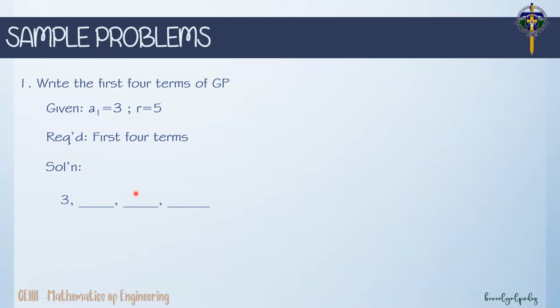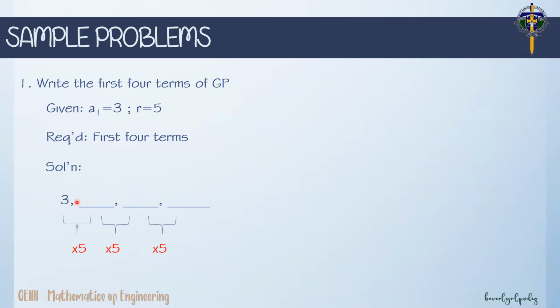For our solution, we have here our first term, which is 3. We are to identify the second, the third, and the fourth term. Since the ratio is given, which is 5, it would be easy for us to identify the successive terms. Each successive term is simply the preceding term multiplied by the ratio.